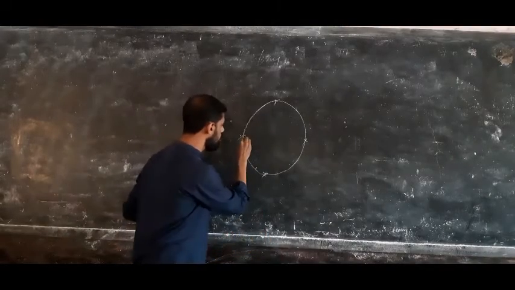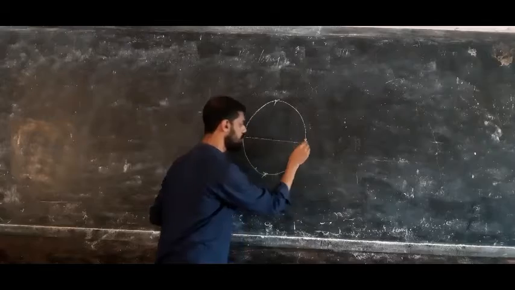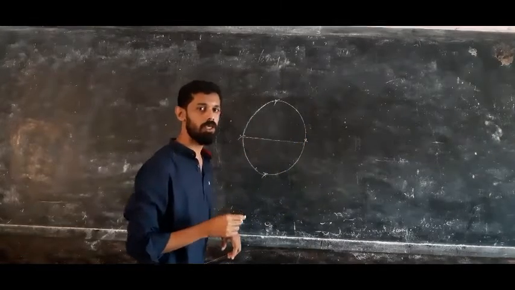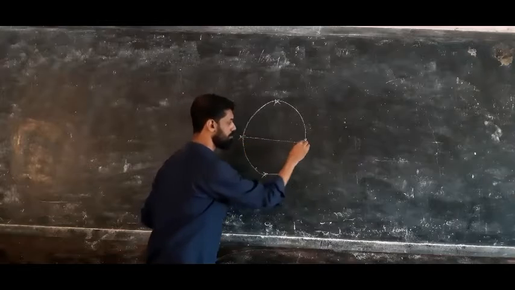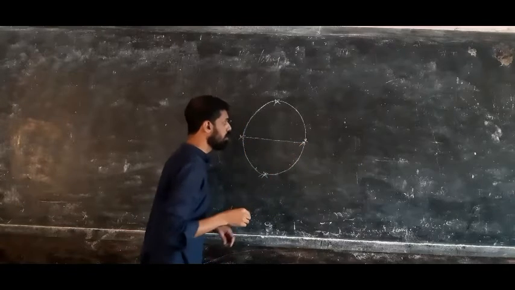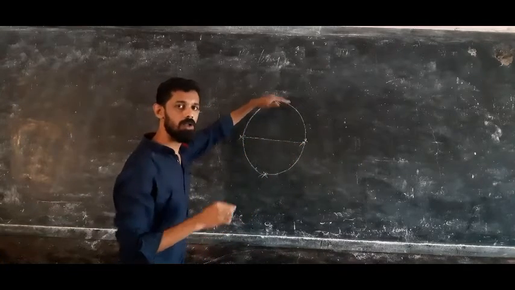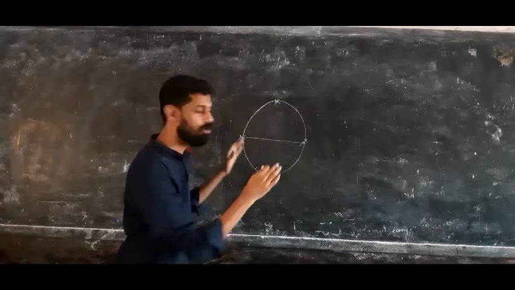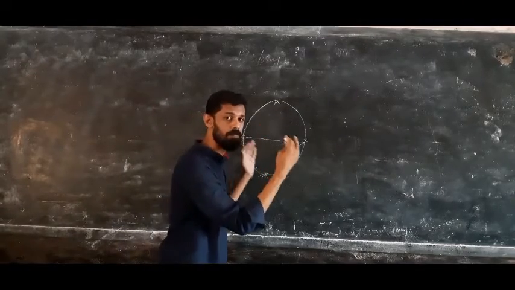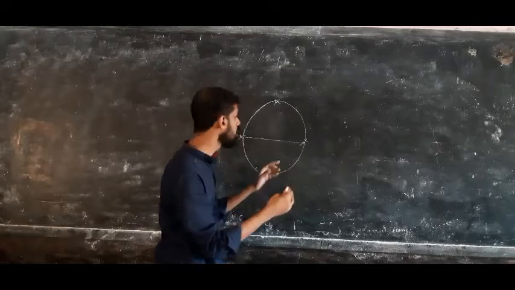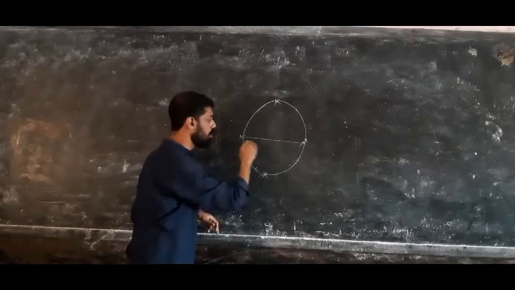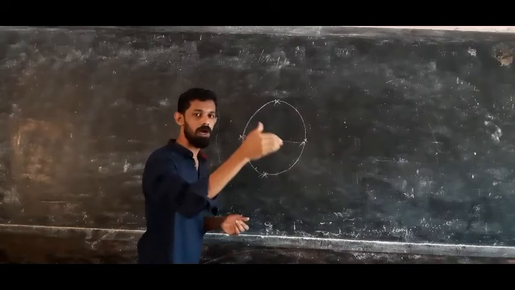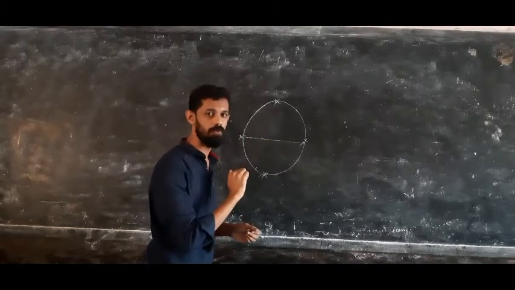Now, this center region we will call the equator. Along the poles, the poles are a little flat. Don't consider Earth as a perfect sphere. It is not a perfect sphere. Earth's poles are a little flat, and near the equator it is bulging. This is the shape of the Earth.